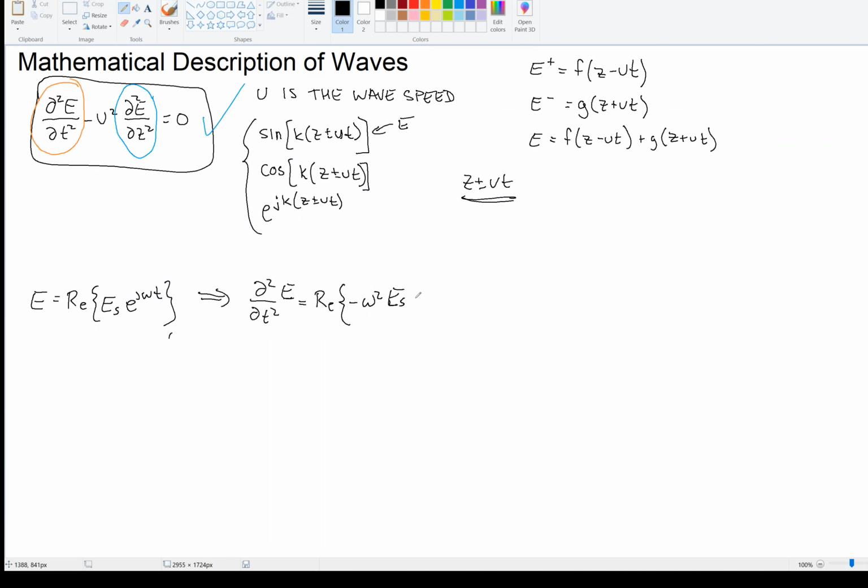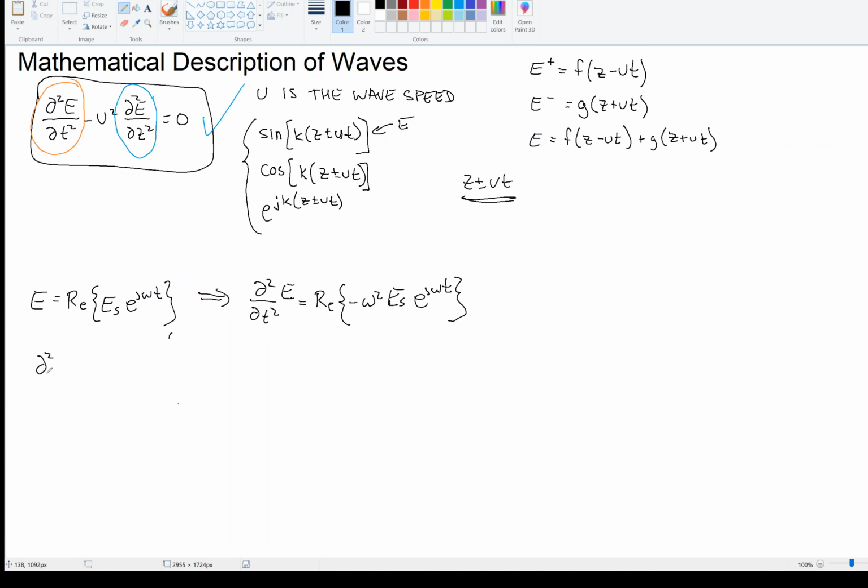E_s e to the j omega t. Right? So if our wave is time harmonic, then its second derivative with respect to time is given by this thing here. And then how about the spatial derivative?